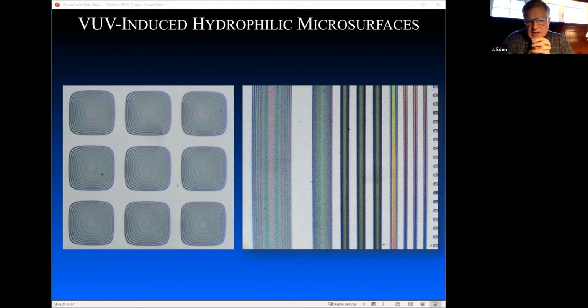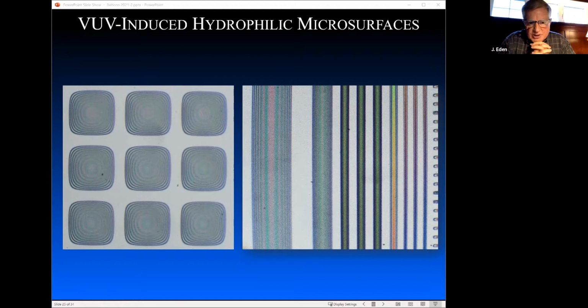Then after we took the plastic out of the chamber, we dropped water onto it. And what it turns out is happening is that the 172 nanometer light is making the surface hydrophilic. And by that I mean that water doesn't ball up on a surface like we see on our windshields in a storm, but it literally smooths out.